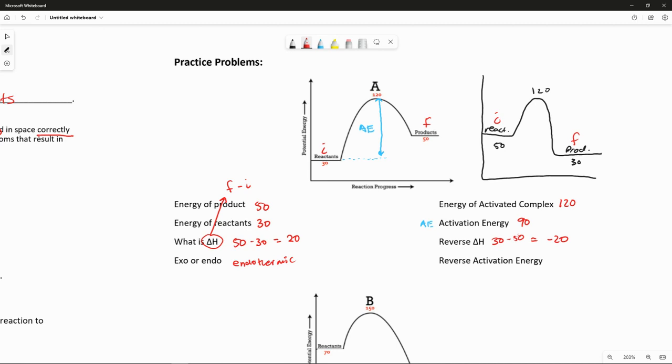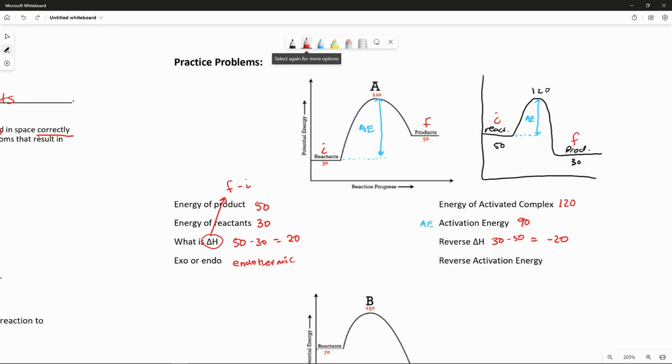Reverse activation energy is calculated similar to how we calculated the activation energy of our original graph. We're going to look here, and our activation energy is going to be right there. So AE. Okay, so now we take a look. The activated complex is still 120, and the reactant side this time is 50.